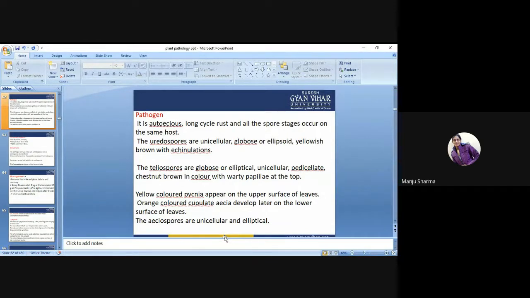Then yellow color pustules appear on the upper surface of leaves. Orange color cupulate aecia develop later on the lower surface of leaves, and the spores are unicellular and elliptical.